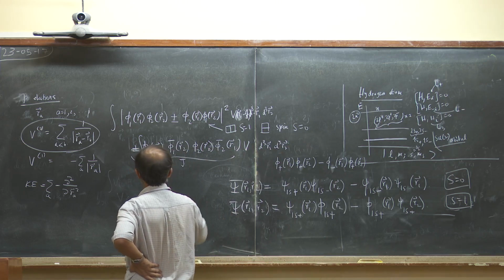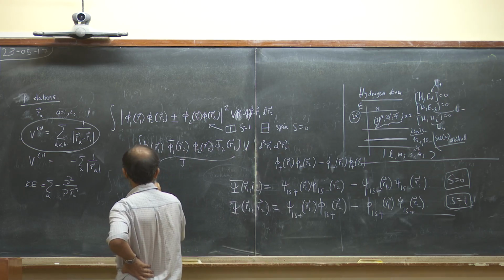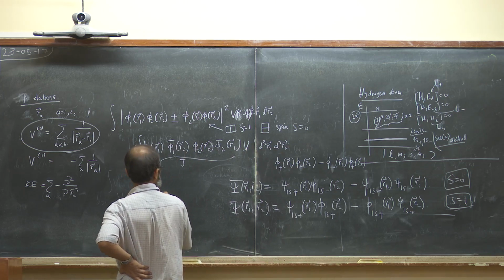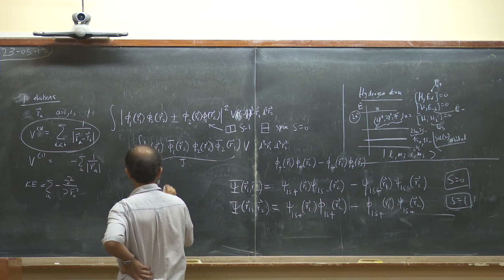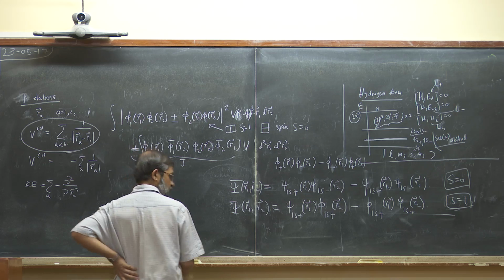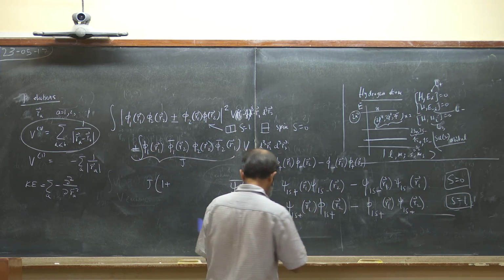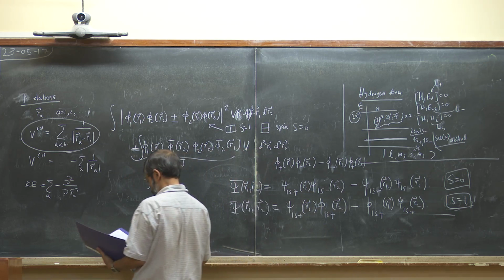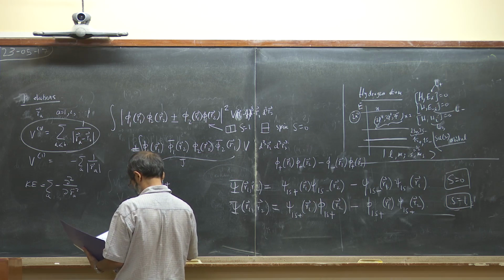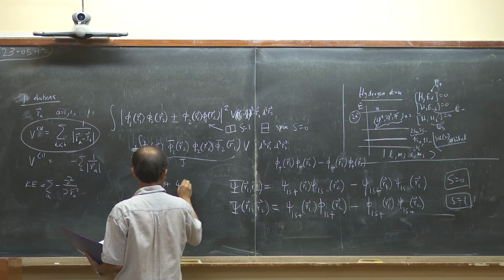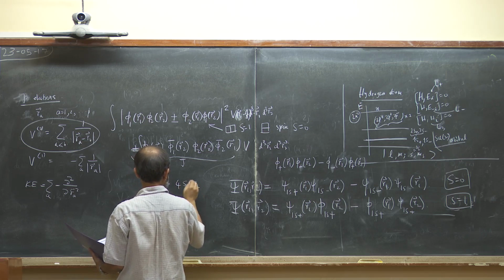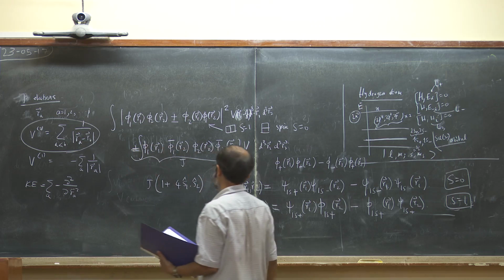So anyway, the point is that once you have done that and you have written the exchange interaction properly, you can show that the plus or minus difference can be thought of as 1 plus 4 S1 S2, where these are the spin operators.